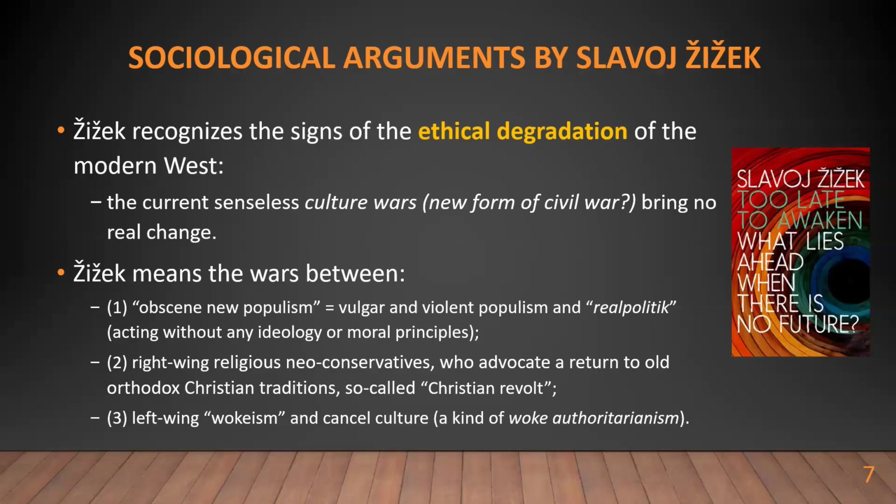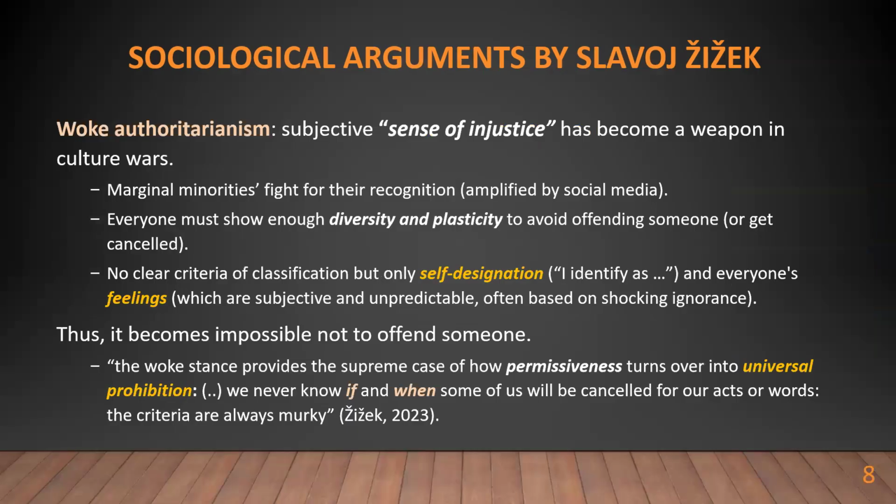And then he talks about left-wing wokeism and cancel culture, which is a new kind of woke authoritarianism, and what that is. It started from the subjective sense of justice that has now become a weapon in the culture wars. So the sense of justice is no longer related to actually fighting for anybody's justice, but has become a weapon to bring down your opponents.